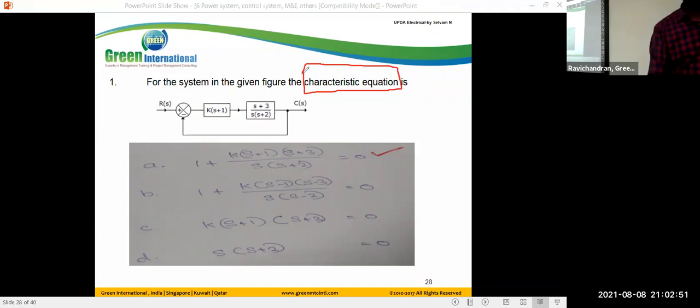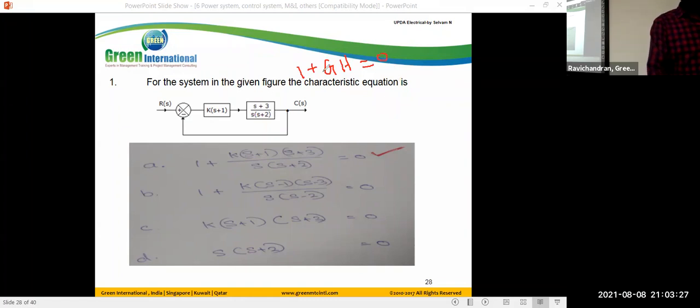Next, the 5th formula: characteristic equation means 1 plus GH is equal to 0. This is the formula to write the characteristic equation.